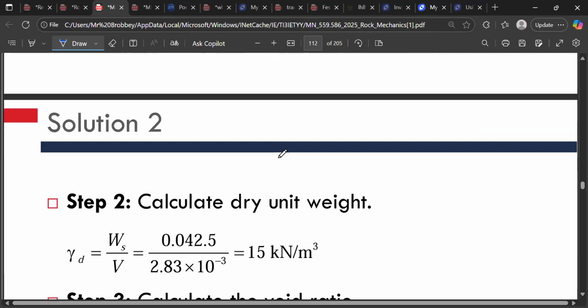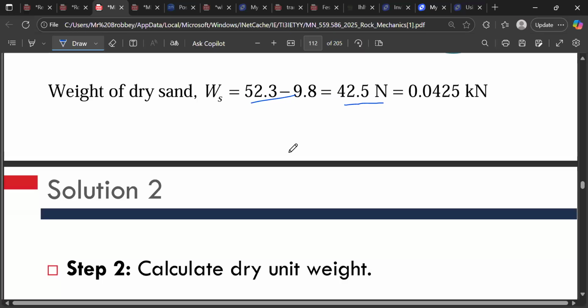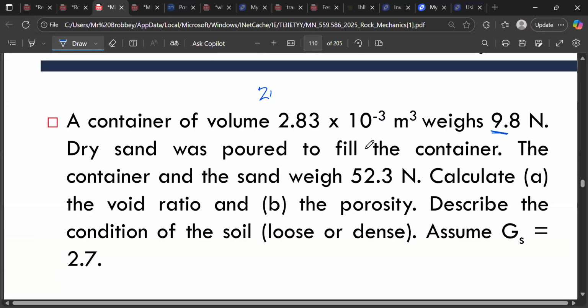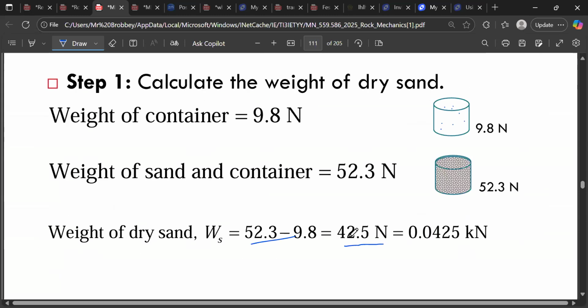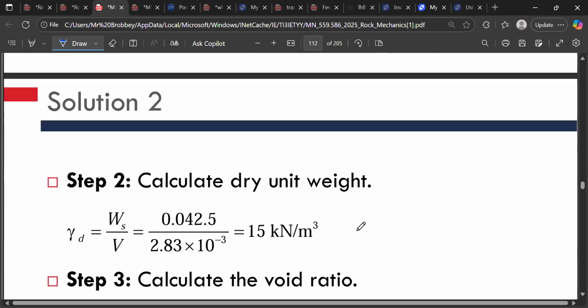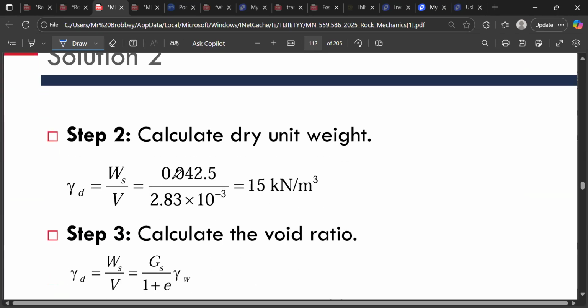Now, step 2 is that it says calculate the void ratio and porosity. If I know my void ratio, I can easily calculate my porosity. So calculate the dry unit weight first, because when I get the dry unit weight, I can manipulate the formulas in order to attain anything that I want.